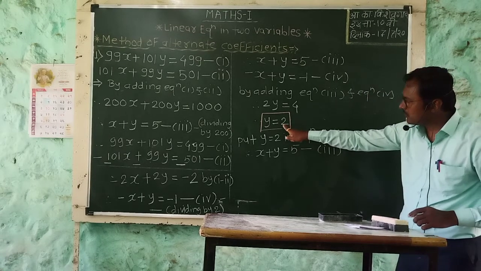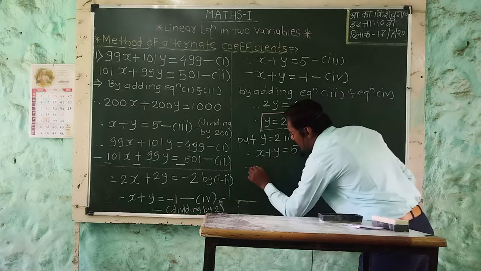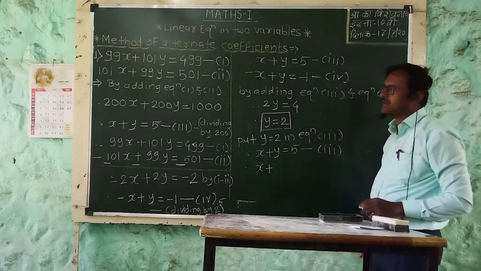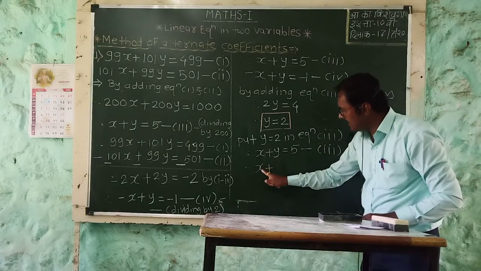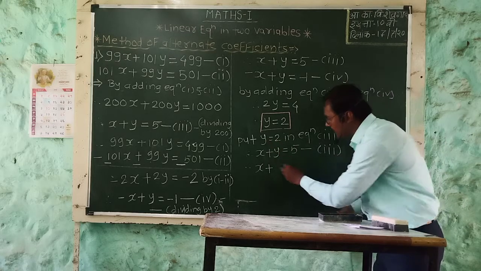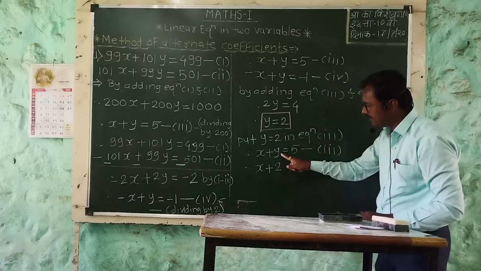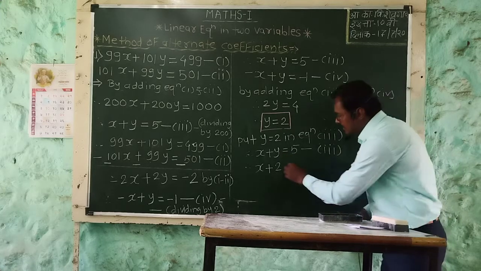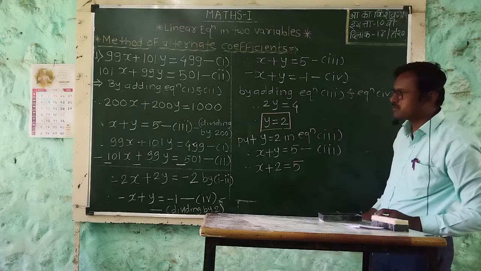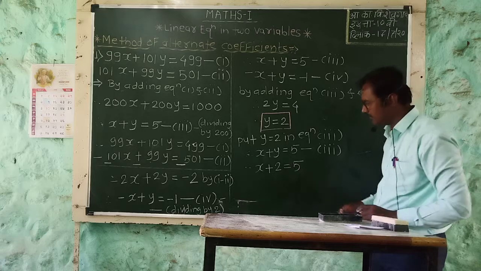Now substitute y as 2. The variable x remains as it is, and replacing y by 2, we get x plus 2 is equal to 5.